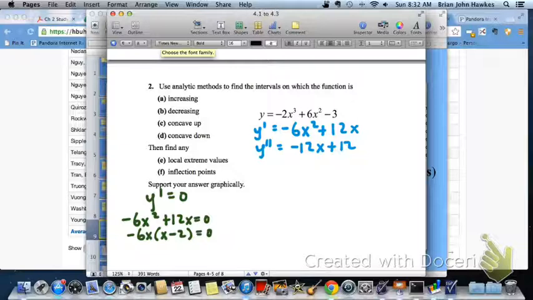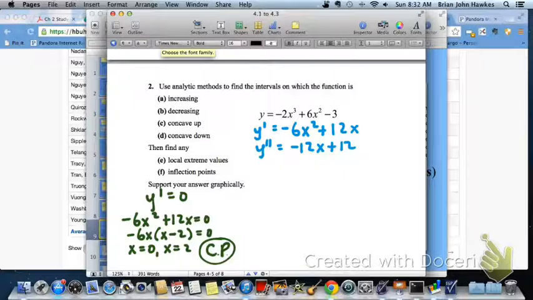And then we know that if negative 6x is equal to 0, x has to be 0, or x has to be 2. So these are the two critical points. And those are our only two critical points because we have a polynomial function. The derivative exists everywhere, so y prime does not exist will not yield any critical points.